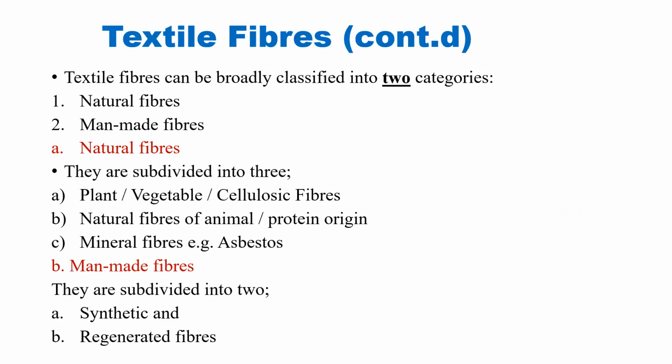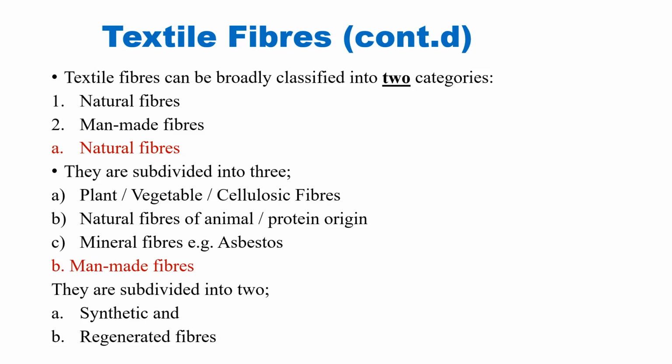The natural fibers are also subdivided into three. We have those we get from plants, in other words, vegetable or cellulosic fibers. Then those we get from animals; these are the protein fibers, from protein origin.